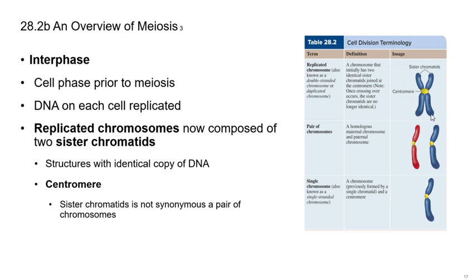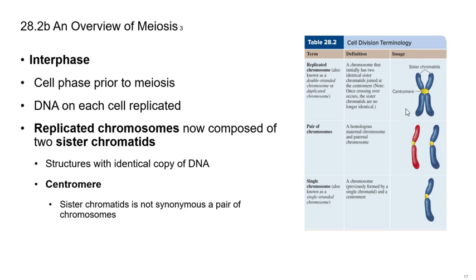Okay, so that's what we see right here. This is a replicated chromosome. This would be just maternal or just paternal. This is a homologous pair of chromosomes. So one maternal, one paternal, and then this bottom one is a single chromosome. Okay, a single-stranded chromosome.